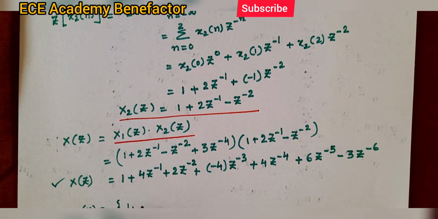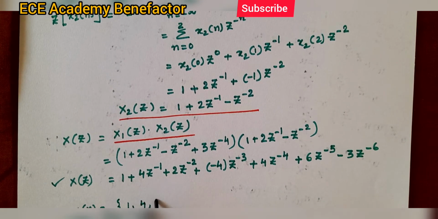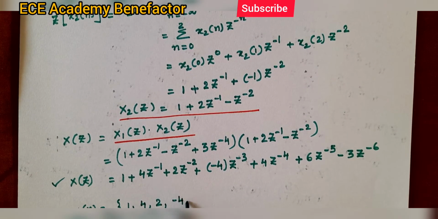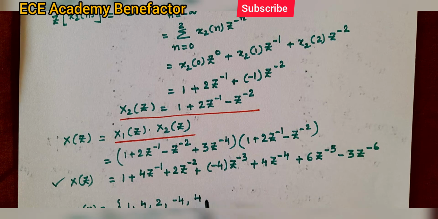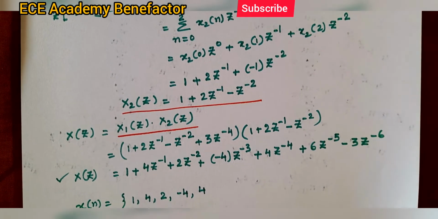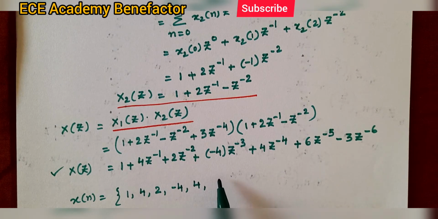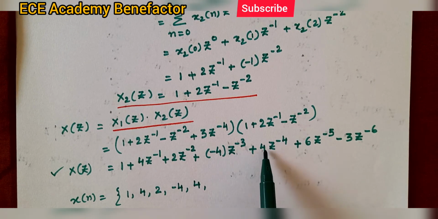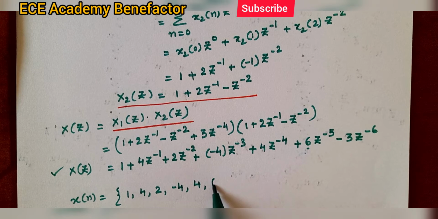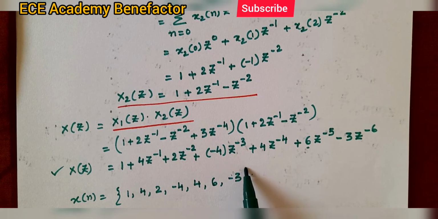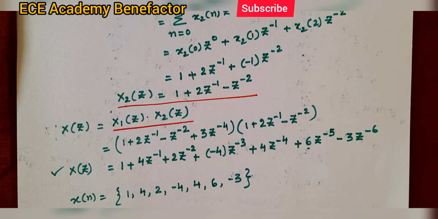So it will be 1, 4, 2, minus 4, 4, 6, minus 3. So we got x of n.